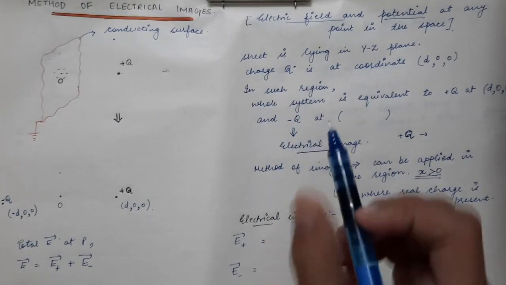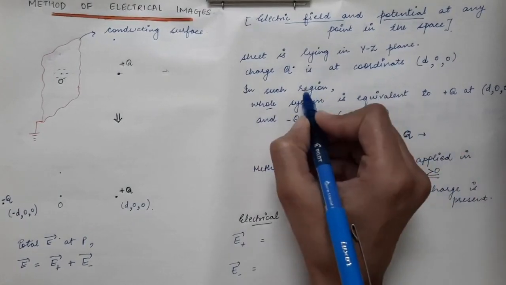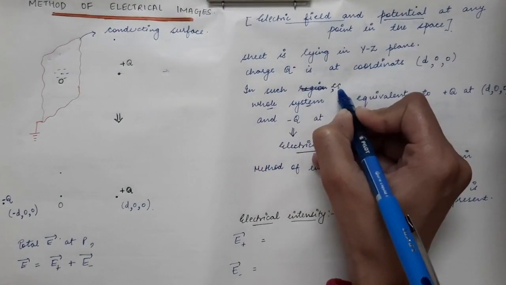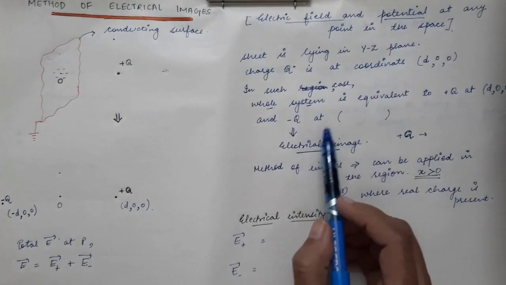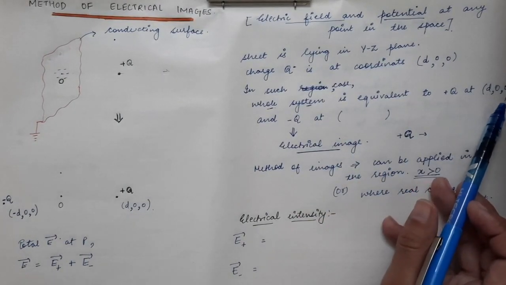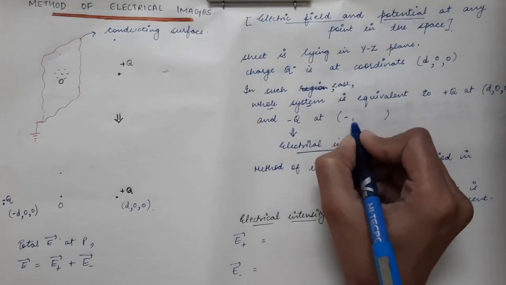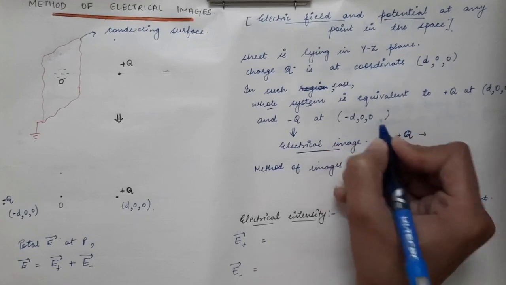So in such a case, the whole system is equivalent to plus q at d comma 0 comma 0. So plus q remains as it is, and minus q at minus d comma 0 comma 0.